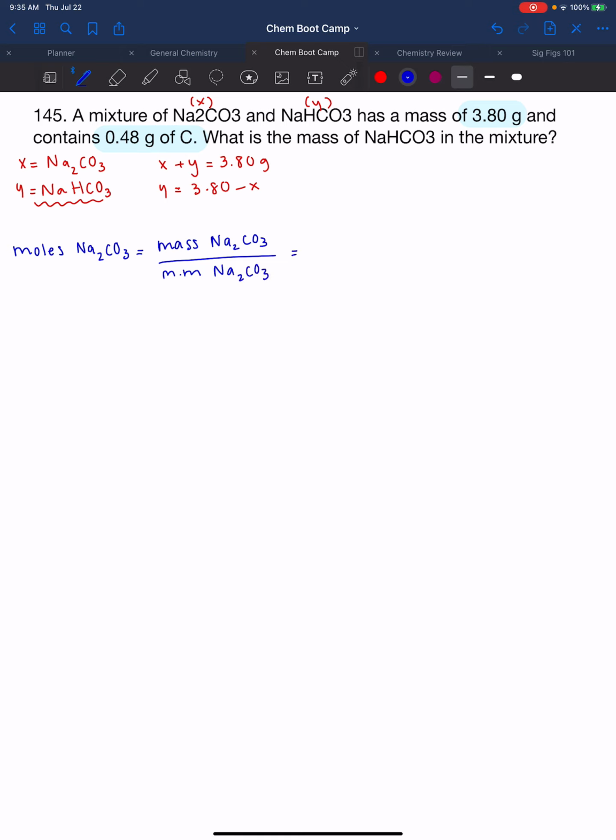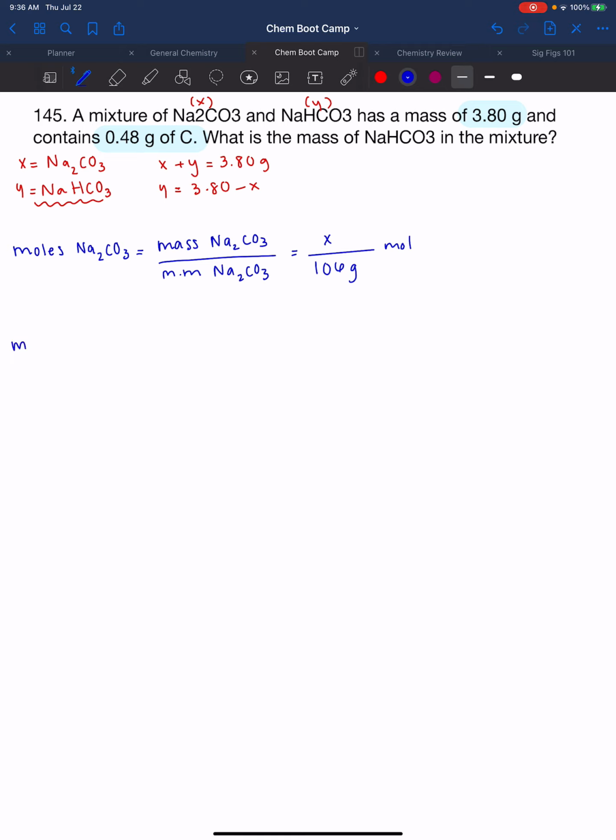So we said that the mass of sodium carbonate would be X, just because that's what we labeled it as. And the total AMU for sodium carbonate is 106 grams per mole. We'll be left with moles.